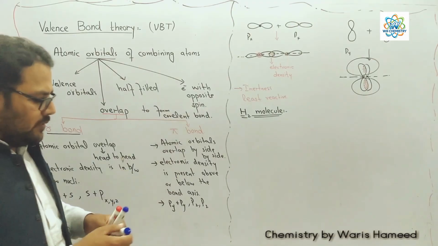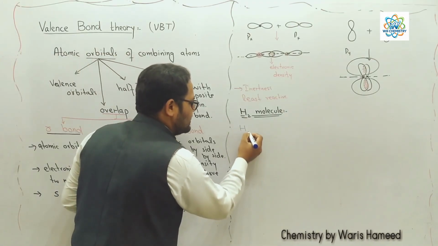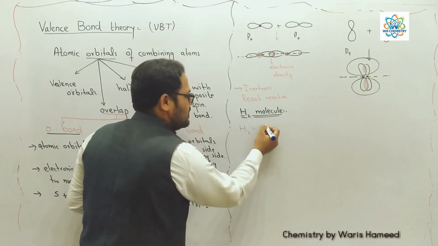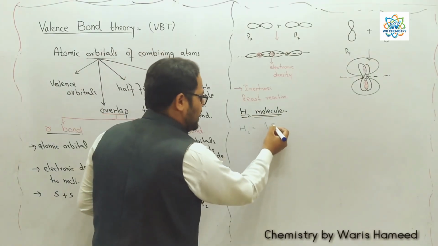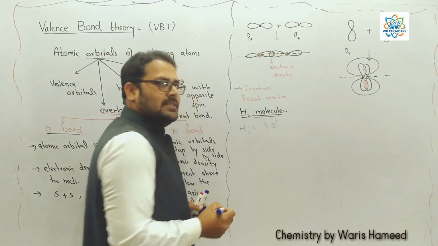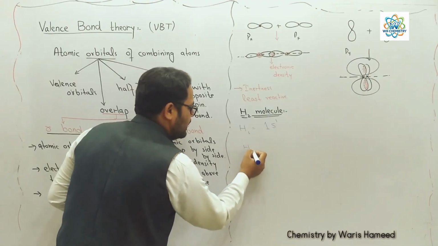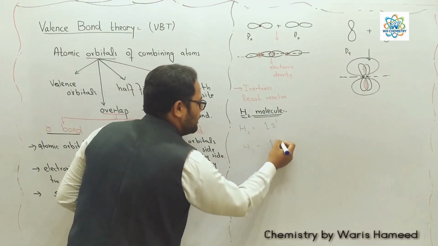Now hydrogen molecule. We know that hydrogen has one electron in its valence shell. Its electronic configuration is 1s1, and the second hydrogen atom also has 1s1.